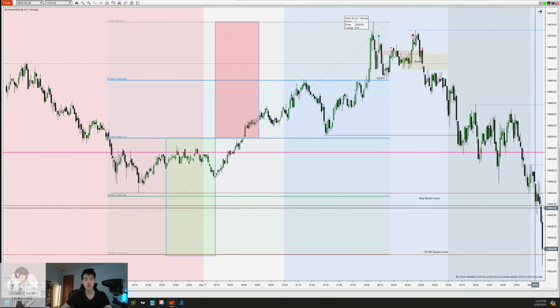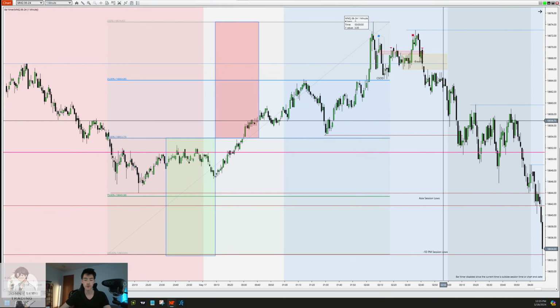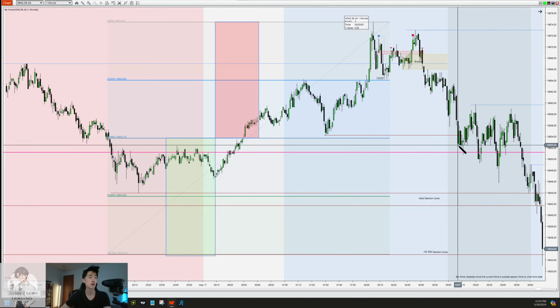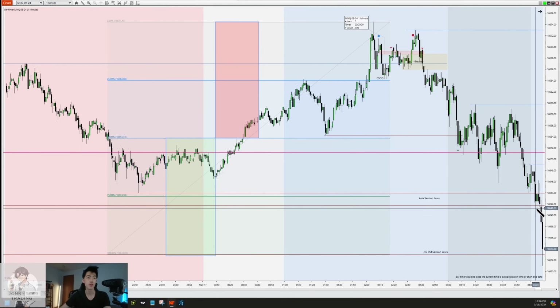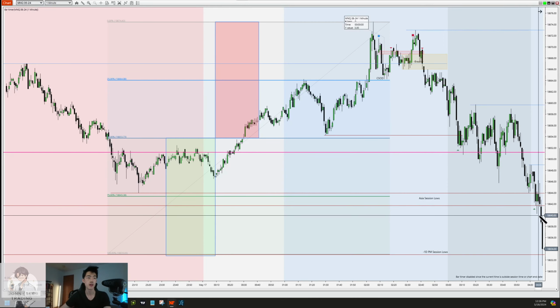So this is where, if we identify key areas to take profit, this candle would have been 1 profit take. Probably you would have triggered on this candle and maybe this candle.